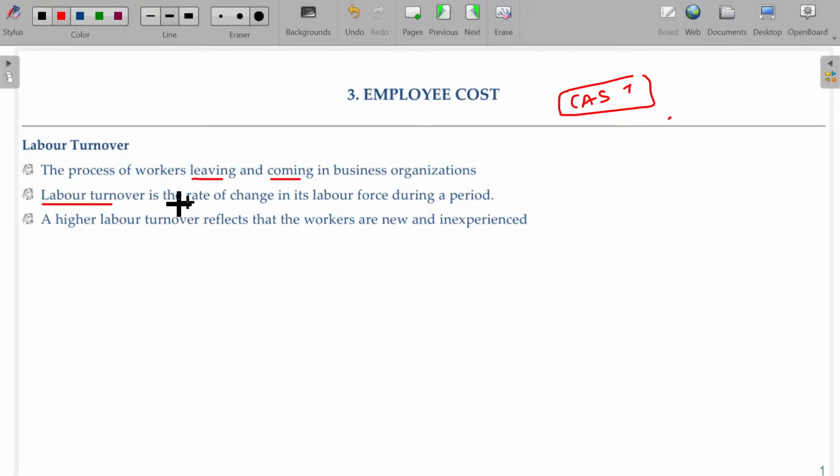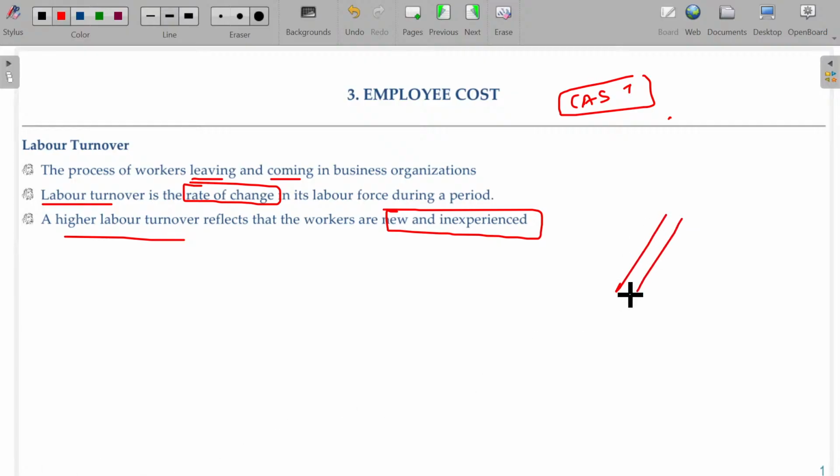Labor turnover is nothing but the rate of change: how many employees are leaving, how many are replaced, how many in total are leaving as well as joining, and how many are recruited for expansion. A higher labor turnover reflects that workers are new and inexperienced, which is not good for the organization. With new and inexperienced staff, it is not a good company to generate good revenue in the later period. So you have to understand all these things.